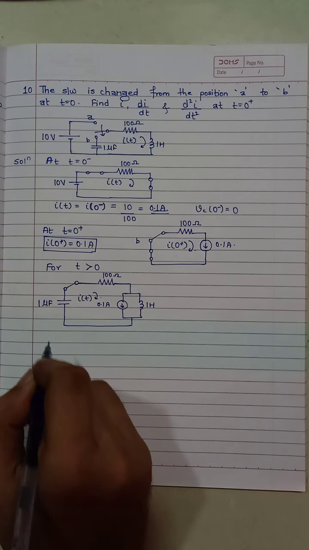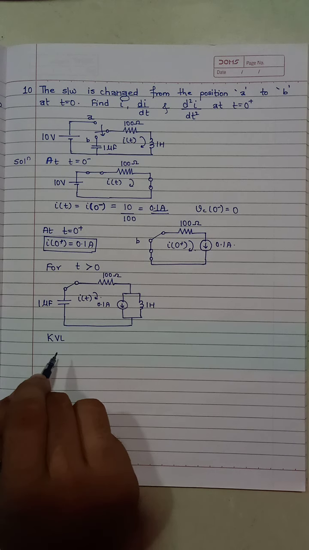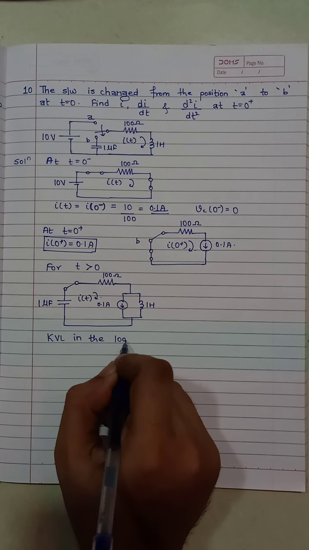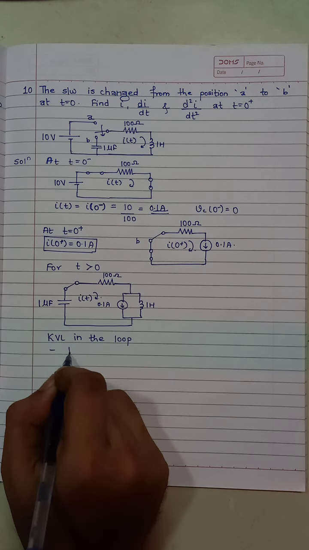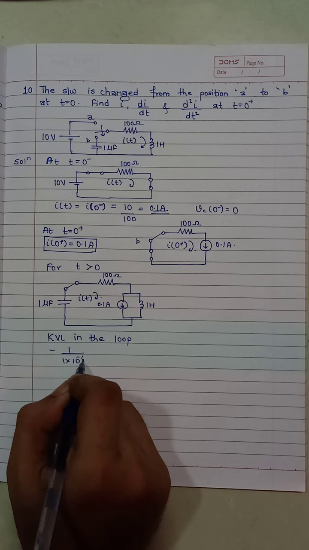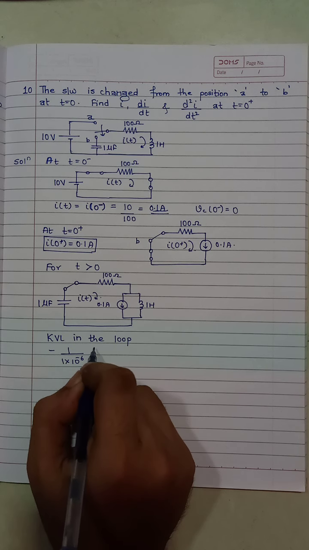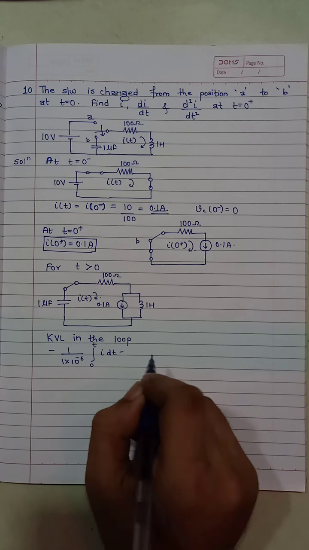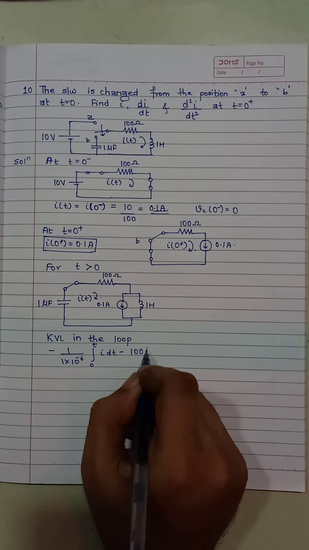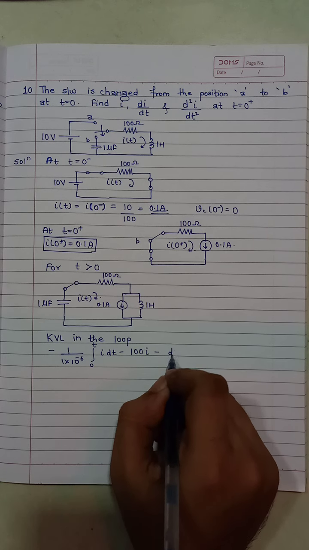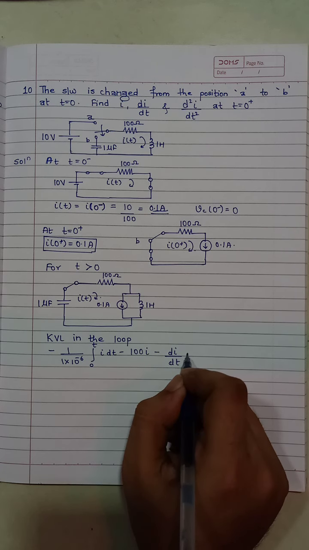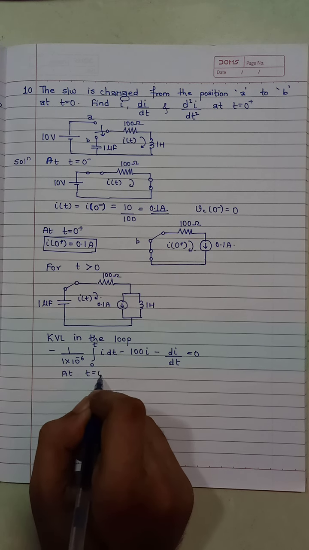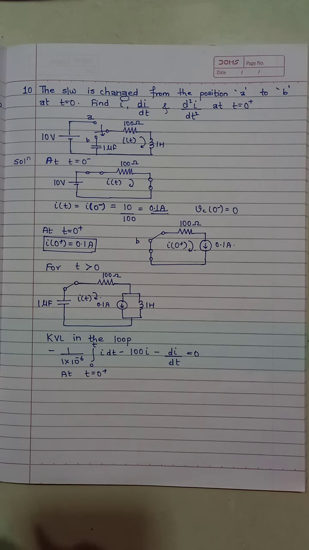So applying KVL in the loop, you will get minus 1 upon 1 into 10 raised to minus 6 integral 0 to t i dt minus 100 i minus di by dt equals to 0. So at t equals to 0 plus this integral will be 0.